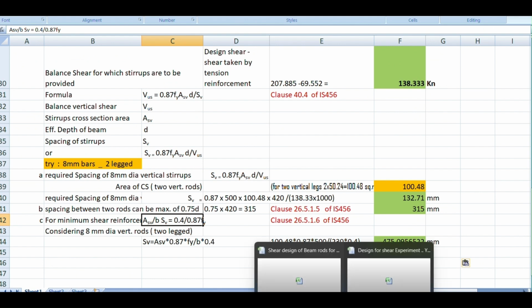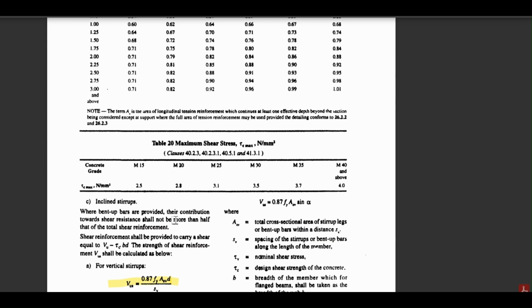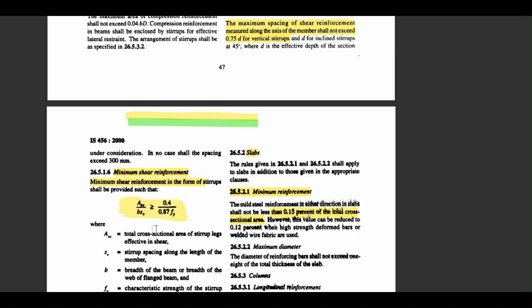The minimum shear reinforcement in the form of stirrups should be provided such that Asv by b into Sv should be equal to or more than 0.4 by 0.87 Fy.